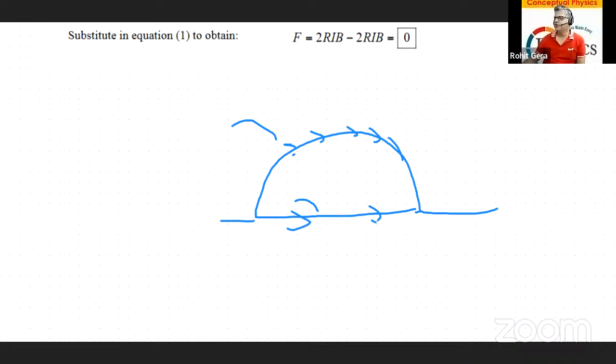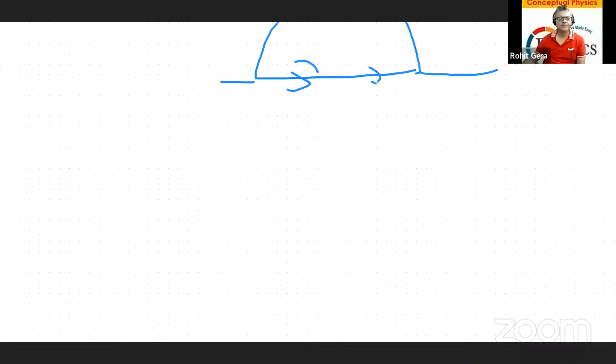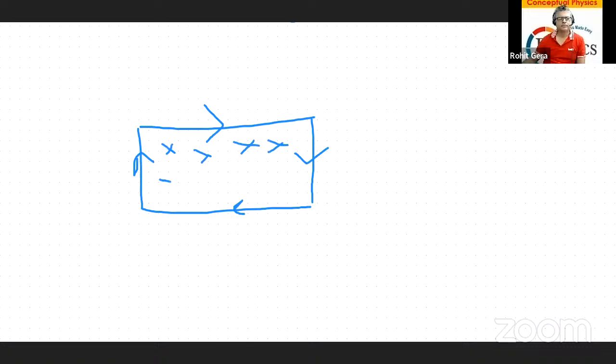So anytime you see a loop where the current is actually in a loop, the answer you know is what?